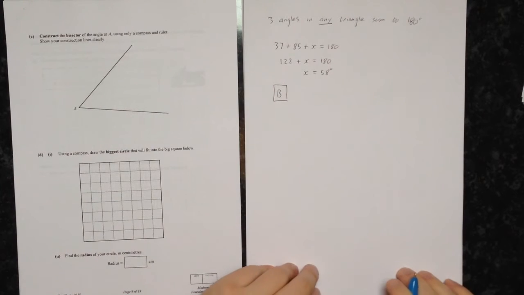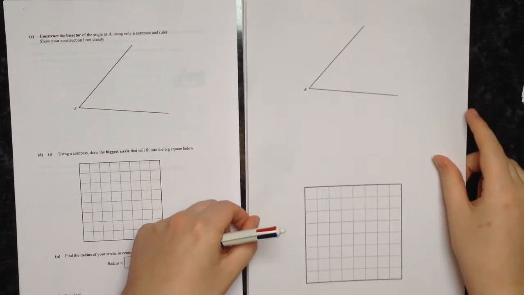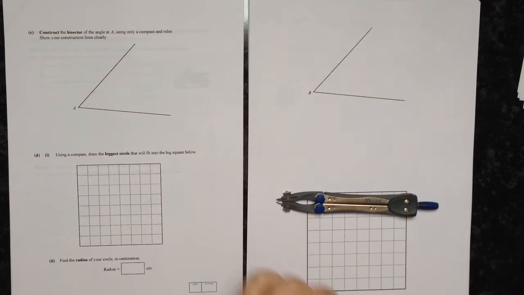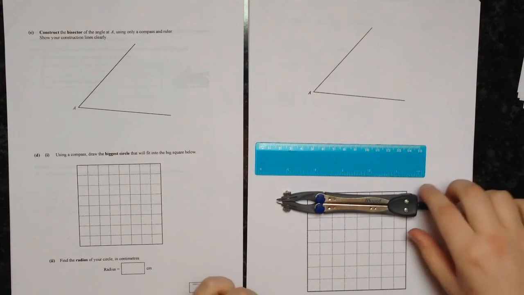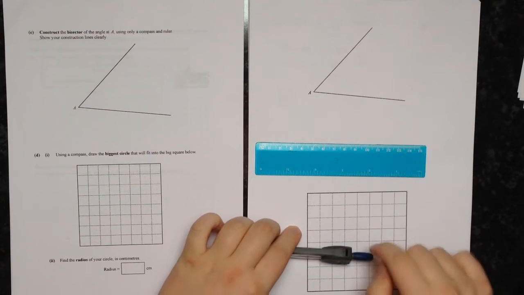Now, part C says construct the bisector of the angle A using only a compass and a ruler. Okay, so what we need is our compass and our ruler, and we want to construct the bisector of this given angle.